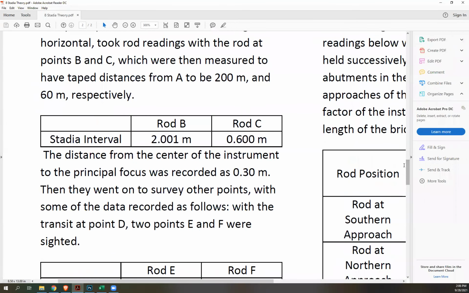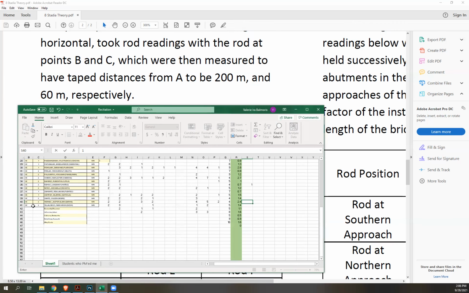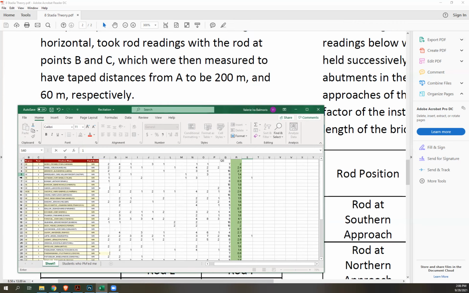The distance from the center of the instrument to the principal focus was recorded as 0.30. Okay, can anybody give me what variable that is? What part of your stadia is 0.30? Correct. Okay, make sure to give me the correct capitalization because there's a difference between capital C and small c.